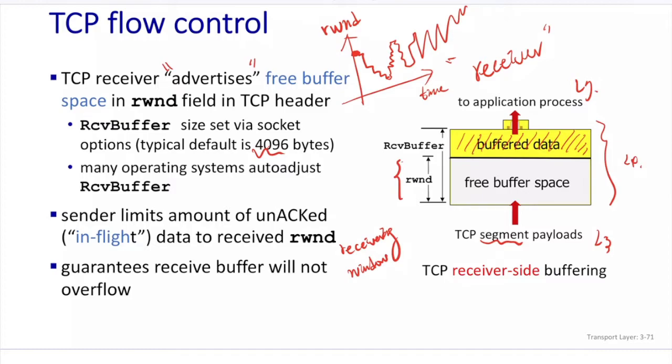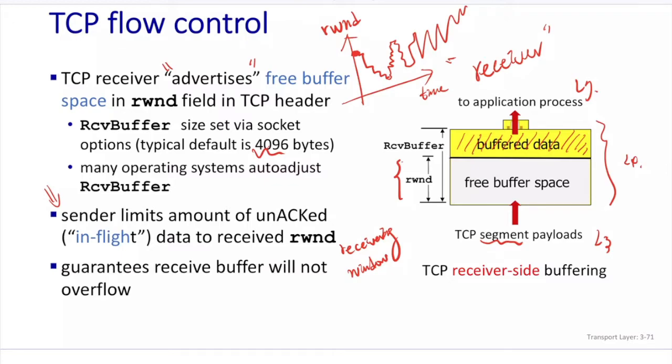So if it stays at a very low level, then the sender should send segments more slowly, so that the free buffer space will not be overflowed by the sender's segments. So we say that the sender limits the amount of unacknowledged data, which we call in-flight data, to the receiving window.